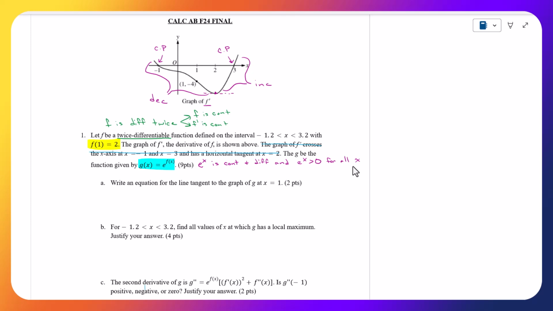So we now have e to the f of x. Well, since f of x is continuous, because we said that earlier, since f is differentiable, f is continuous, that means that e to the f of x will also be continuous.